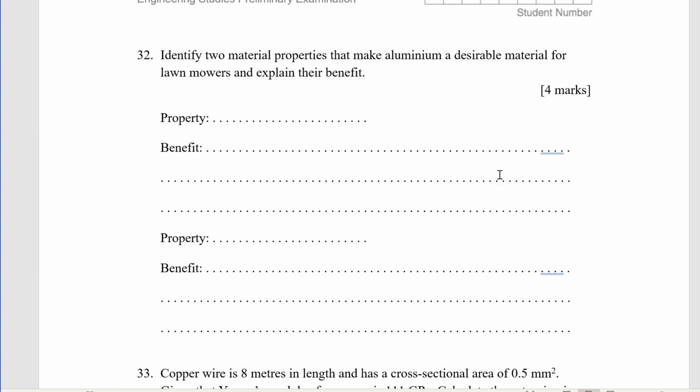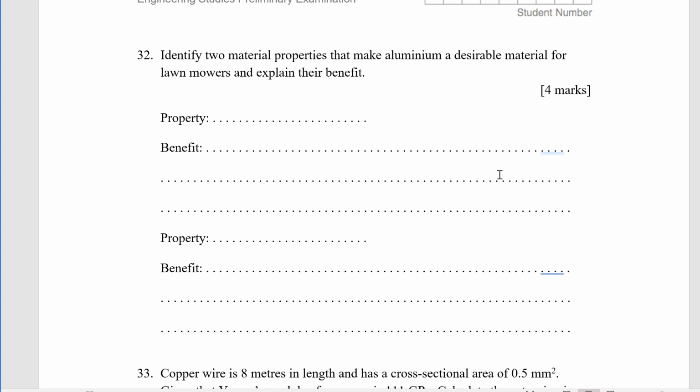Identify 2 material properties that make aluminium a desirable material for lawnmowers and explain their benefit. They're light, so the property is lightweight. In Year 12, if we're talking about, say, aviation, I really want you to write good strength to weight ratio. It's a much better answer than just writing lightweight, but I would definitely accept lightweight.